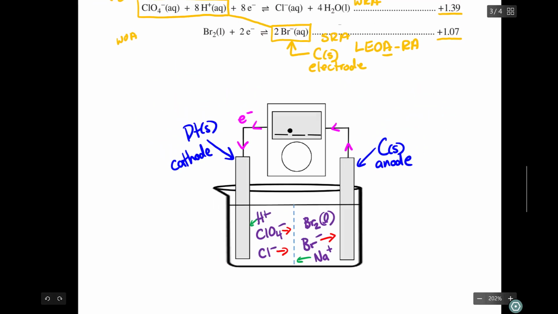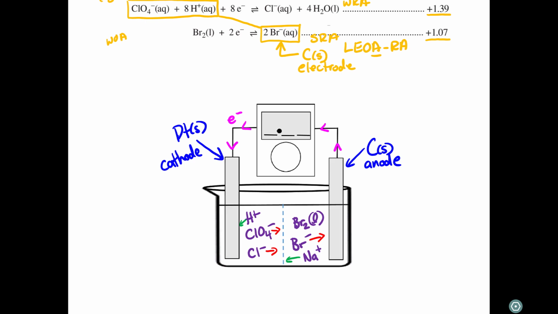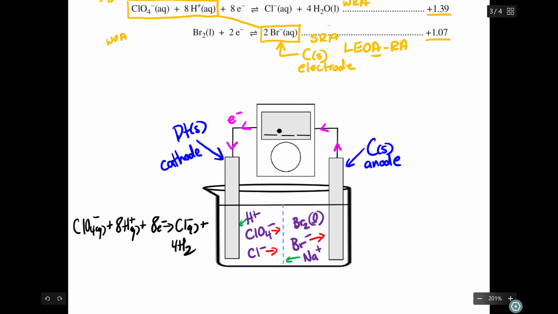Then what we should do is include our reactions on each half cell on that side. So over here I have ClO4 minus aqueous plus 8 hydrogen ions aqueous plus 8 electrons, and that's turning into Cl minus aqueous plus 4 waters. On the other side, I would have 2 Br minus aqueous turning into Br2 liquid plus 2 electrons.